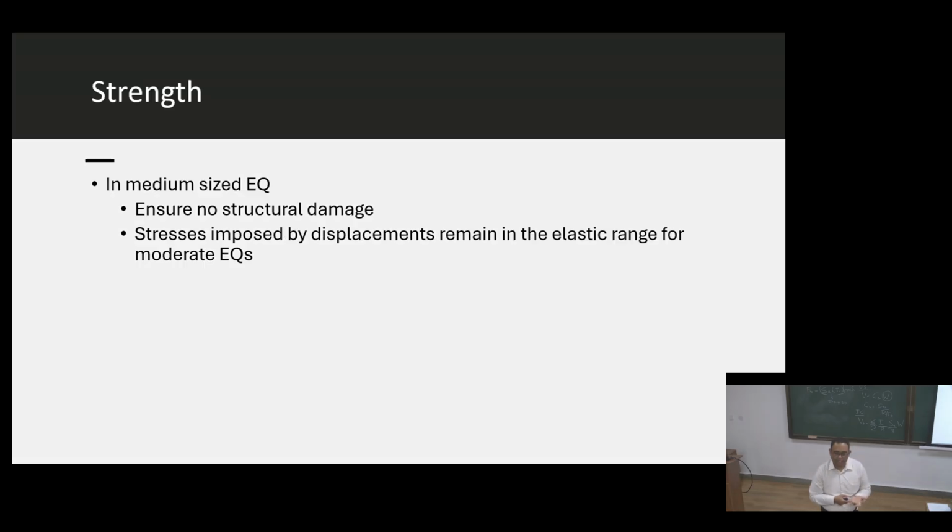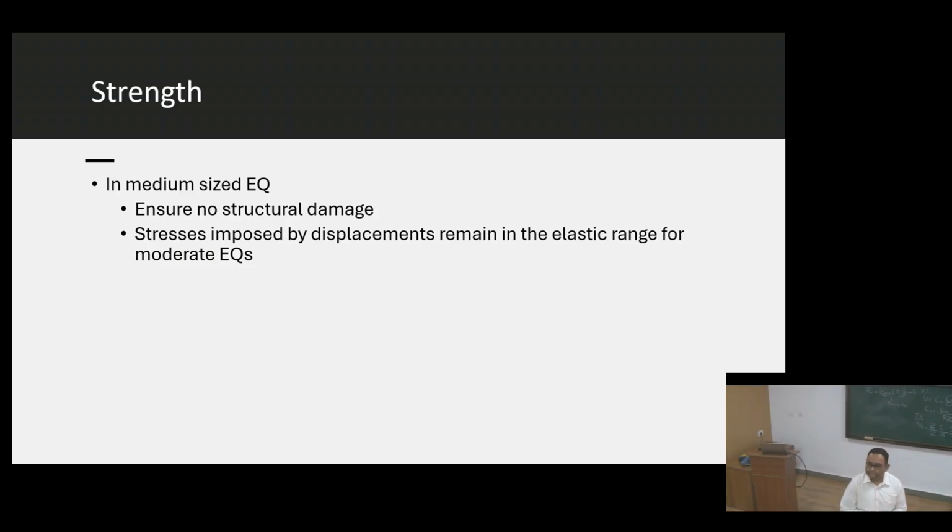Then the strength-based requirement: in a medium-sized earthquake, we want to ensure that there is no structural damage, and the stresses imposed by displacements remain in the elastic region for a moderately severe earthquake. If they are in the elastic region, that means your building is stable.